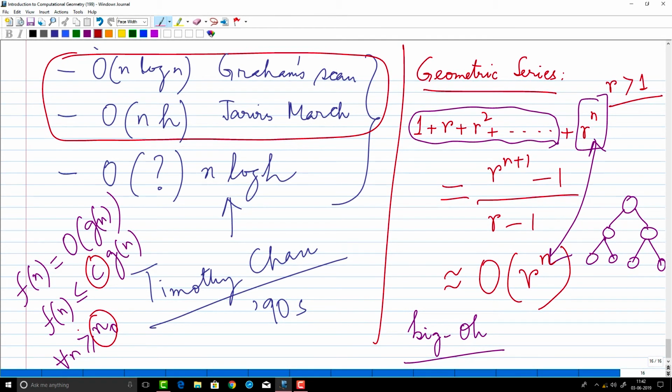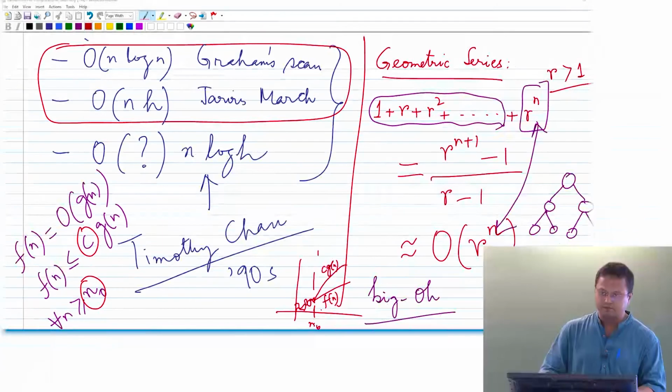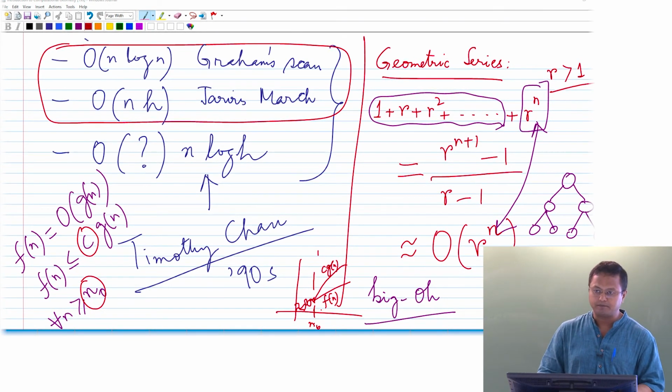So, what does that tell you? That there is an n naught, okay. So, in this zone these two functions can do anything they like, but beyond this C g n should dominate f n, right. Then I will say that f n is big O of g n.